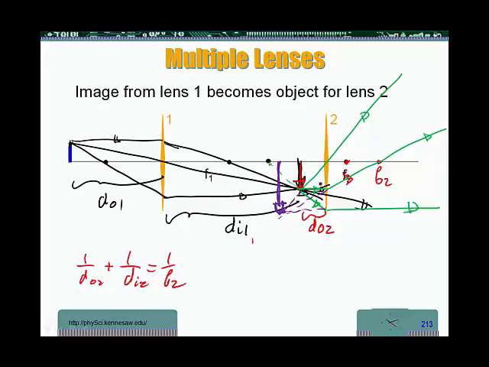So this image is on the same side as the object relative to lens 2. This is my DI2. If you do the calculations correctly, you should find it negative. And you notice it's in the same orientation as the object. Both of them are inverted. So the second lens didn't flip the image. And here we go.